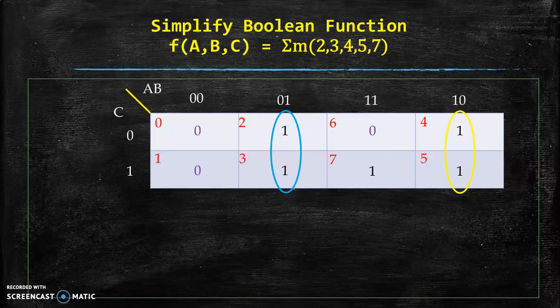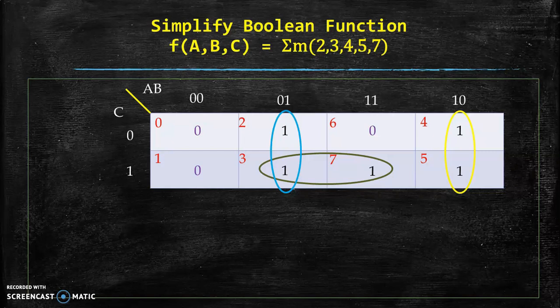So instead of going for a single group, we have to make a pair of this 7 either with cell number 3 or with cell number 5. With any cell we can make a pair. So we make a pair like this. If a pair is possible, we should not go for grouping a single one.